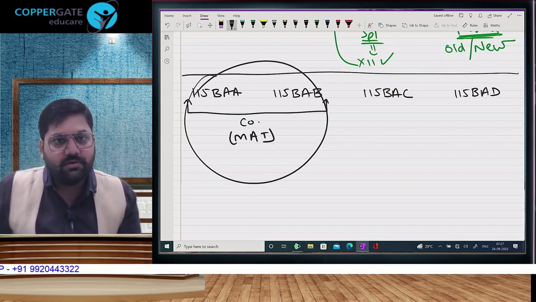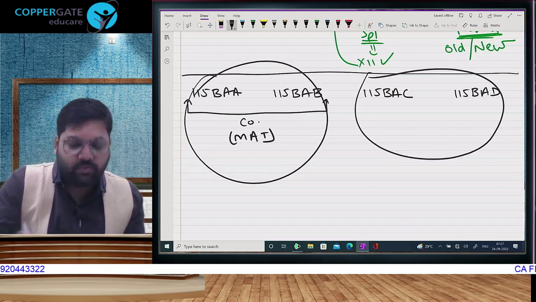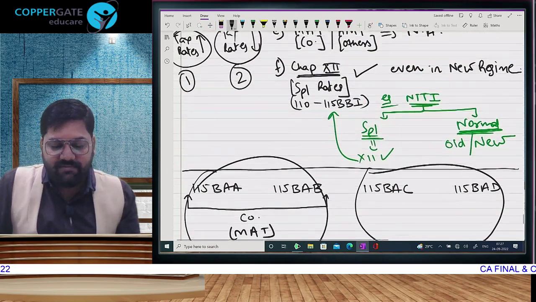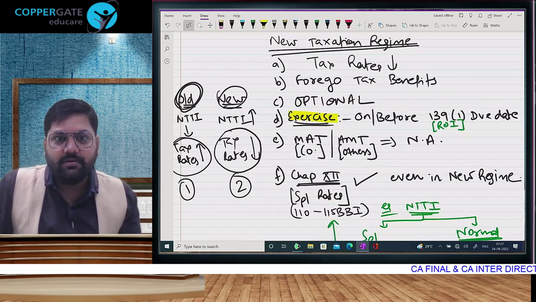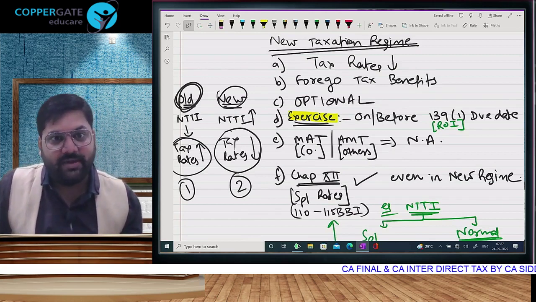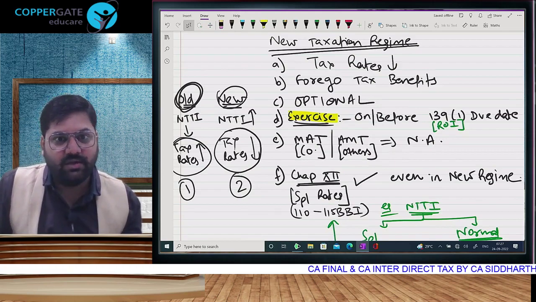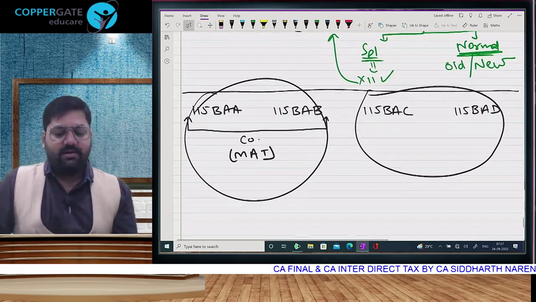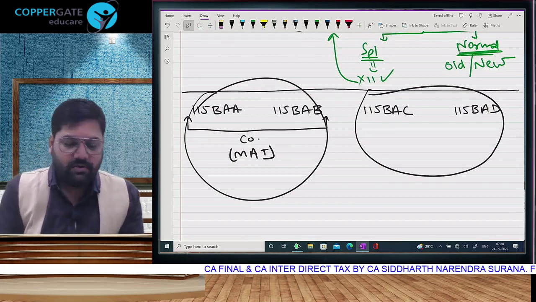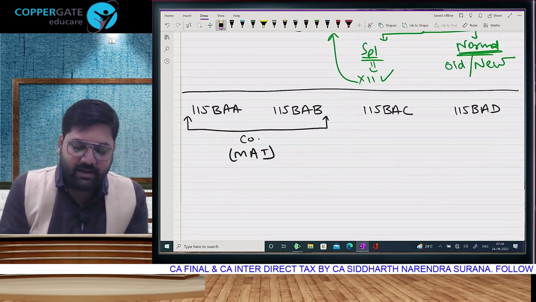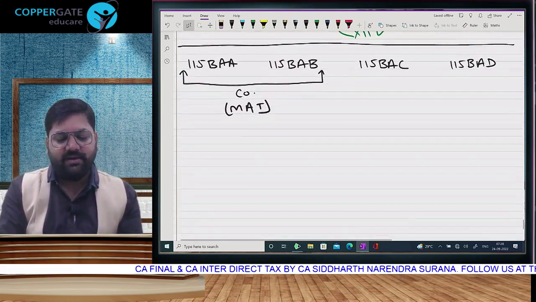Simple, friends. If I had to teach you only these two sections here, still I will have to write these 6 points, because these 6 points are applicable to all of them. They are applicable to BAC, BAD also, and BAC, BAD I am teaching you in the introduction only. So then it is only a matter of writing section numbers, all 4 sections. Okay, so 115BAA, BAB are applicable to companies and will be covered in which chapter?